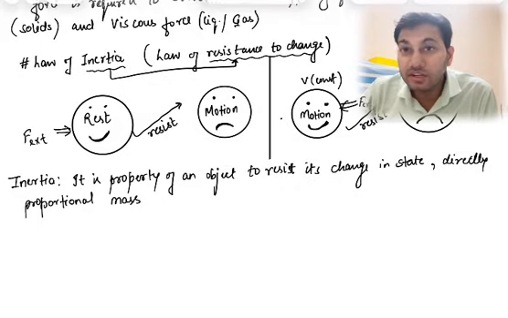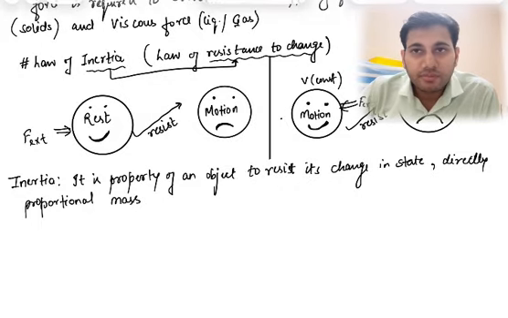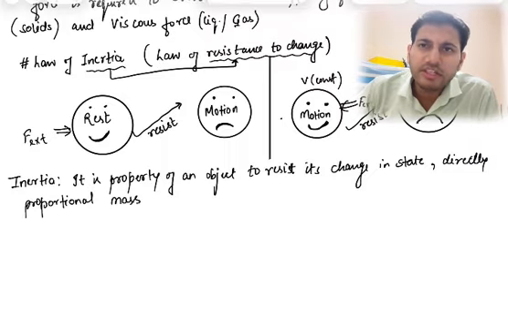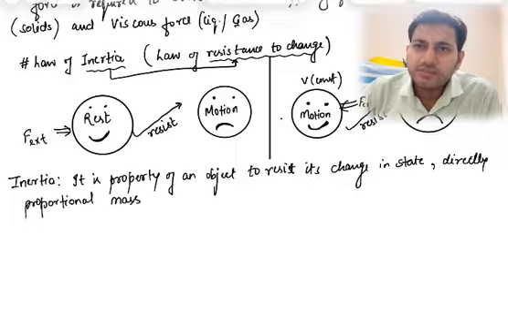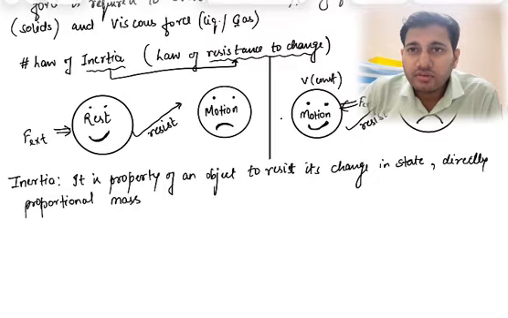Let's try to feel what exactly inertia is. Suppose there is a ball coming towards you with a constant velocity v, and you are standing in front of that coming ball. Suppose the ball is a rubber ball or a plastic ball with very little mass.